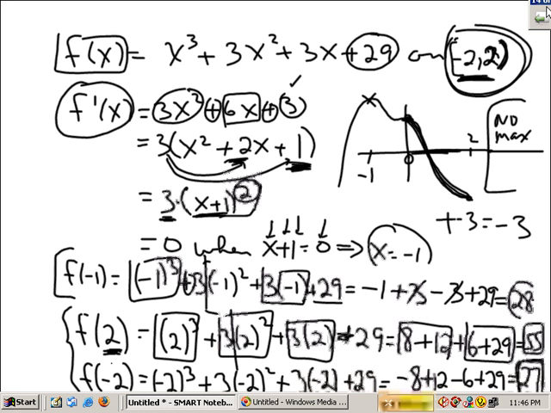That happens when x is negative 2. Since we're allowed to include negative 2, you have a min at x is negative 2, y is 27. So you have a min of 27 and you don't have a max.